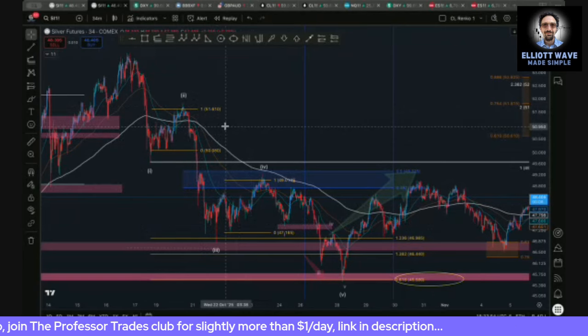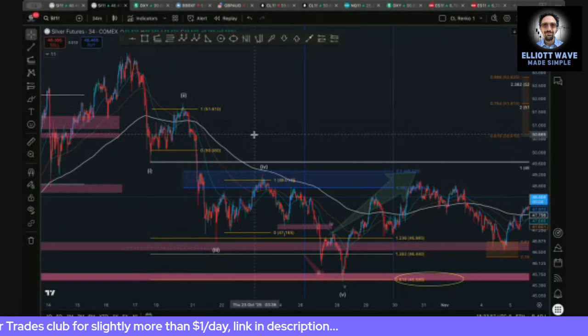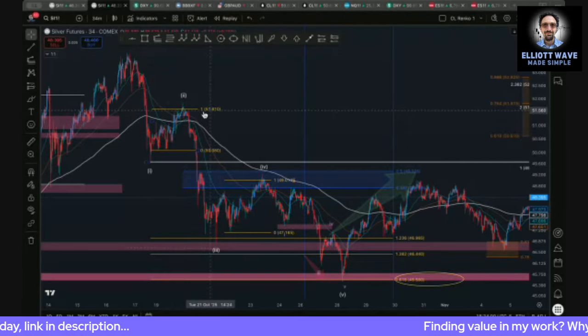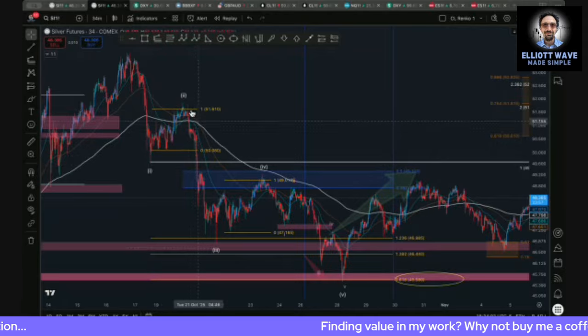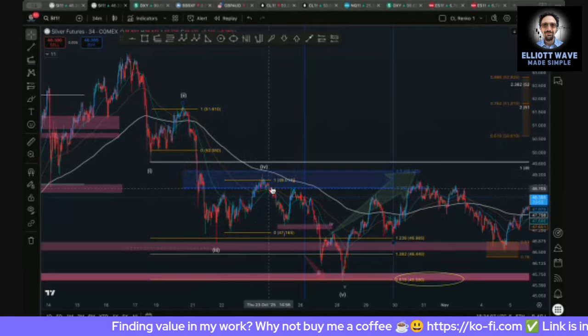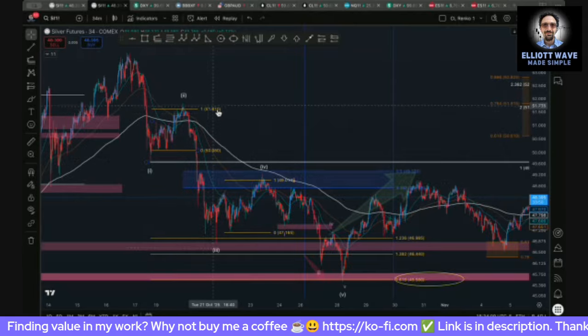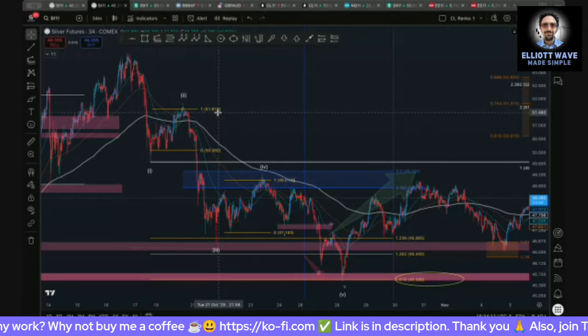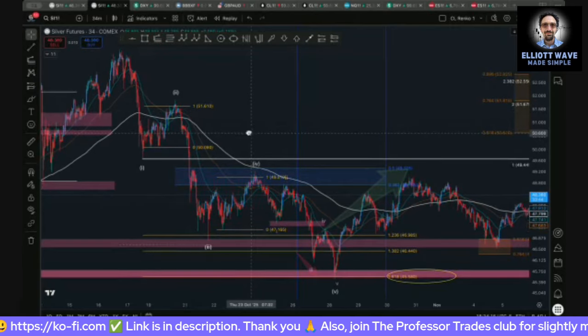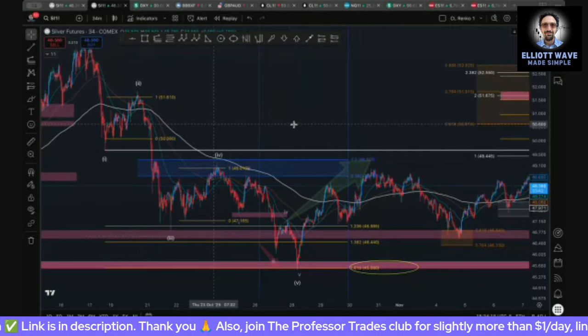But the real educational value I'm showing you is that these corrections, these bounces up, are tagging the 100 fib 2 in a row. The wave 4 wicked the 100 fib, and the wave 2 wicked the 100 fib. Amazing. Perfect example of what I'm trying to teach you. Here it is in real time, in real life, in current events, right there.